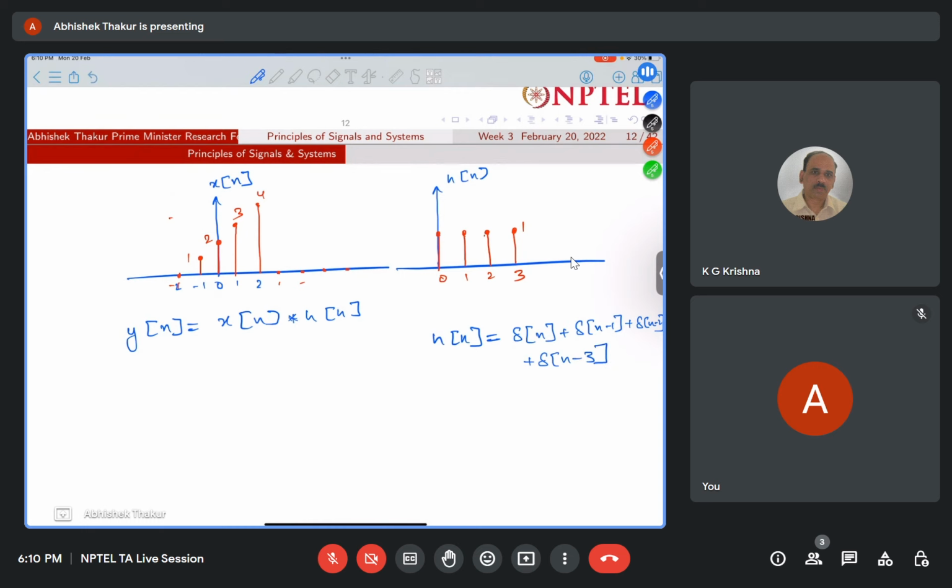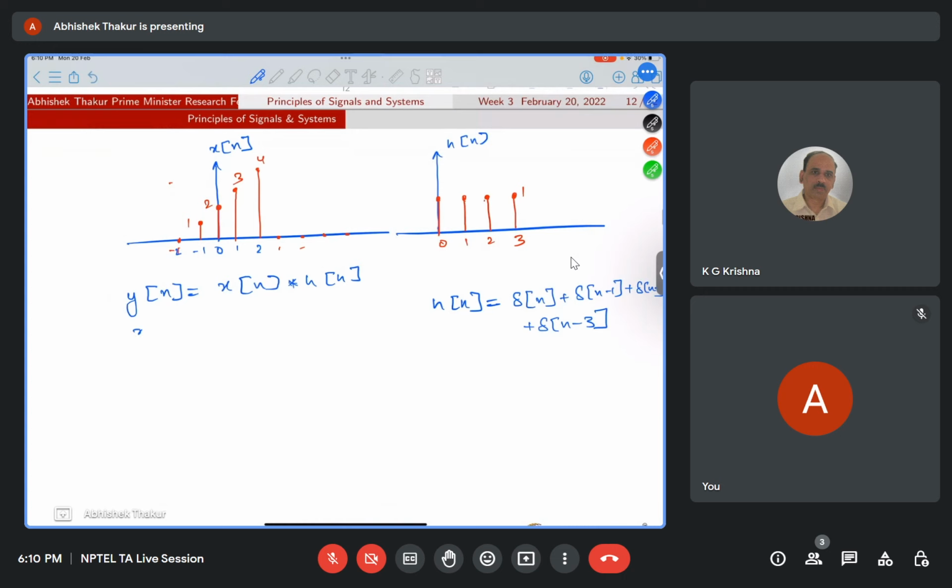Okay, and we can write x(n) as this. At minus 1 it is like this, so we can write it as 1 into delta of n plus 1, plus 2 into delta of n, plus 3 into delta of n minus 1, plus 4 into delta of n minus 2.